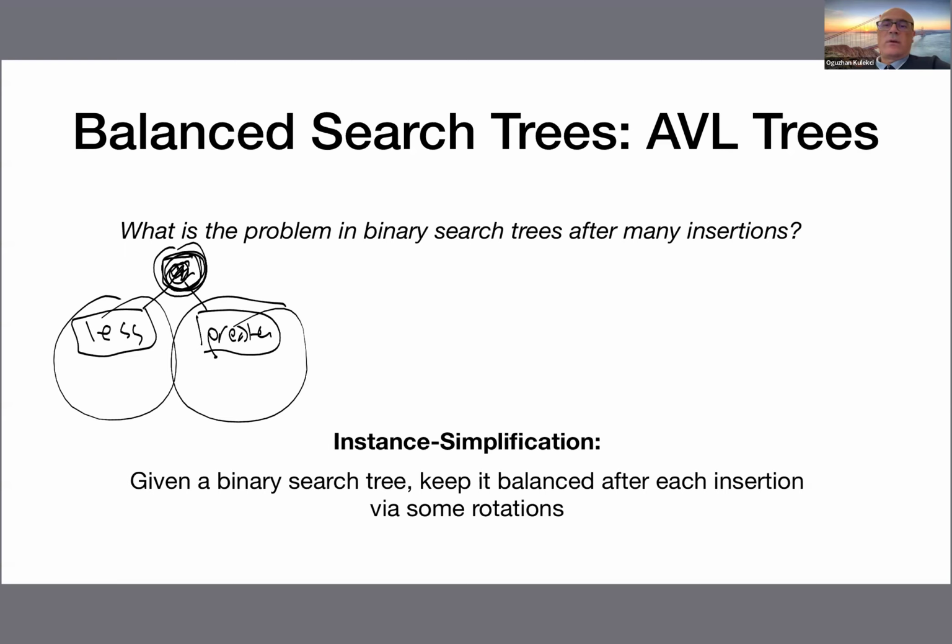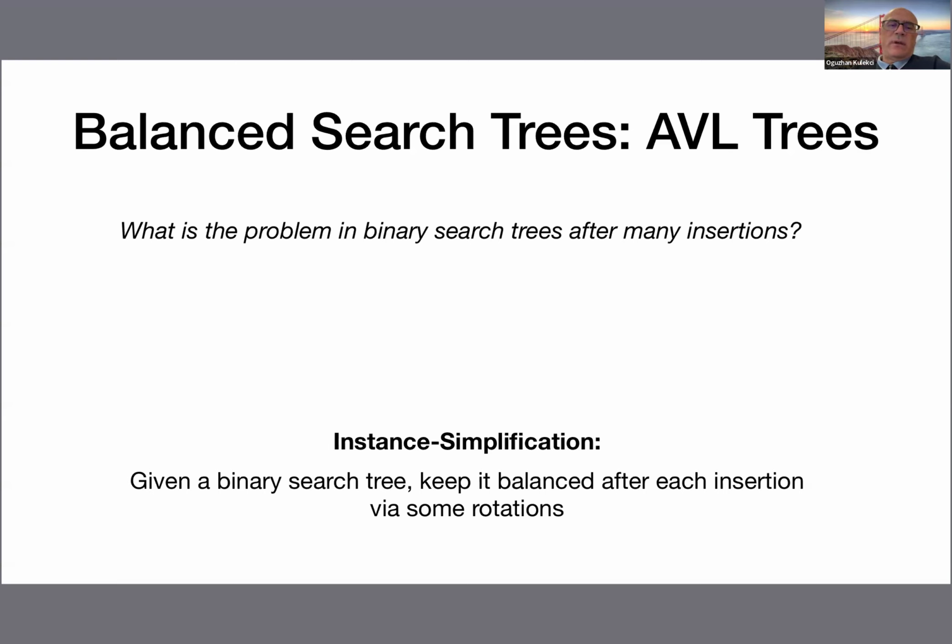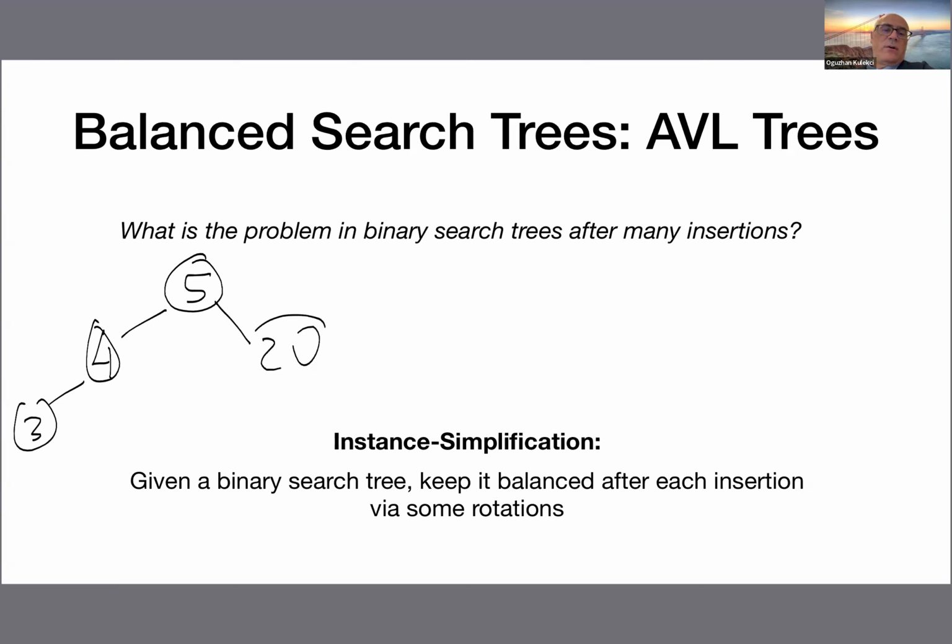Let me give a very quick example. Let's say this is 5, this is 4, this is 3, and maybe let's make it 20 here, and then 30 here, and then 15 here. So that is a binary search tree, right?